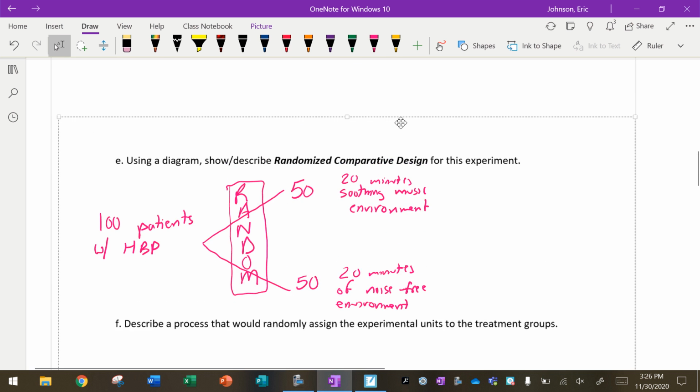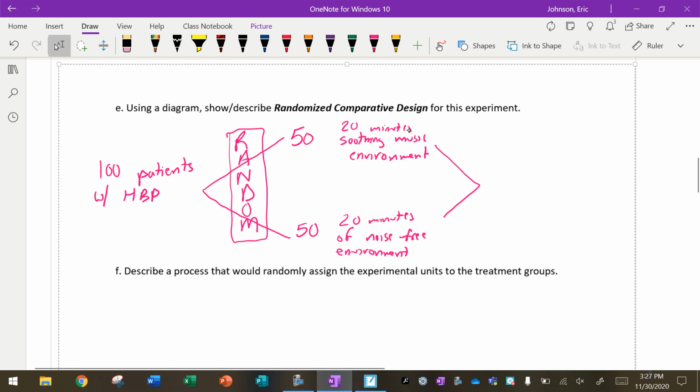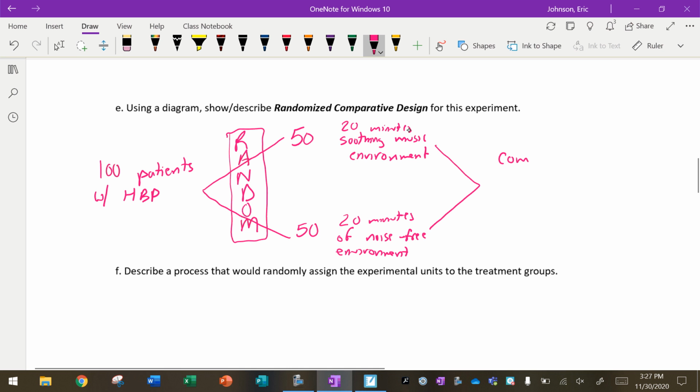And then the final step is to identify your response variable. So we compare changes or reduction in diastolic blood pressure.